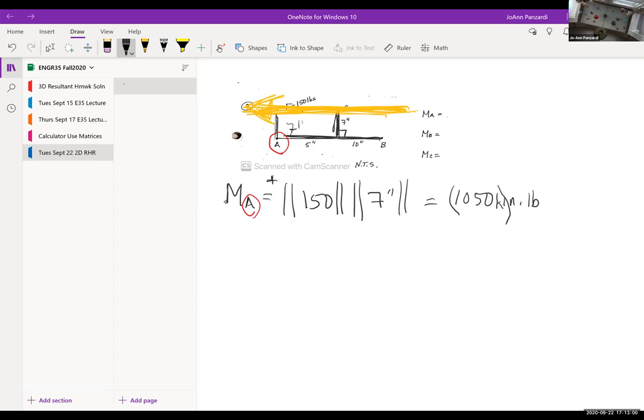Put your other finger on your palm. Put your hand straight still. Your palm is pointing in the direction of where point A is. Put your finger towards point A. Right. And then your thumb is going in the positive direction. You got it?